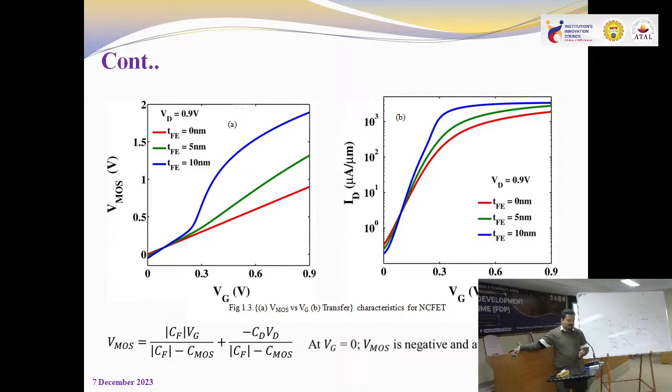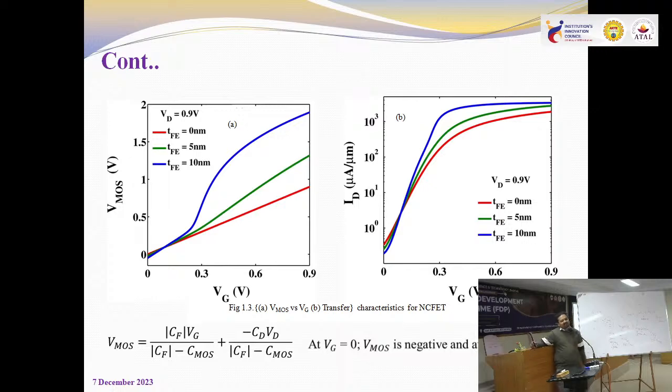That is our intention, what I was discussing initially about switches. Switches should have two states, on state and off state. On-state current should be as high as possible, and off-state current as low as possible. And the switch should turn on abruptly, at a small value of gate voltage.